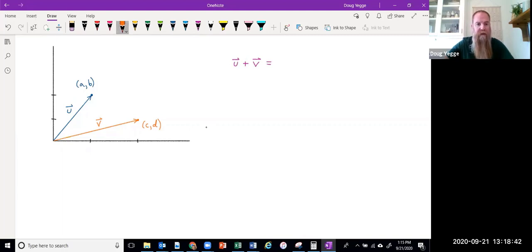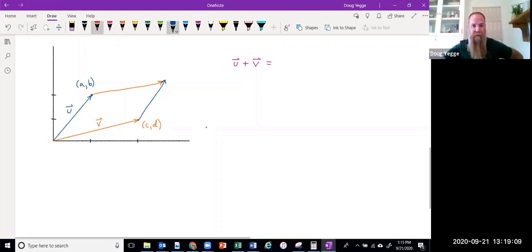That was where I took the vector v and put it onto the tail end of u, making sure it was drawn with the same magnitude. Or I could draw u at the end of v as well. If these were drawn parallel to each other, that should be approximately the value.